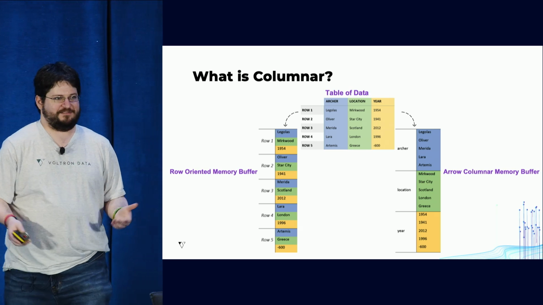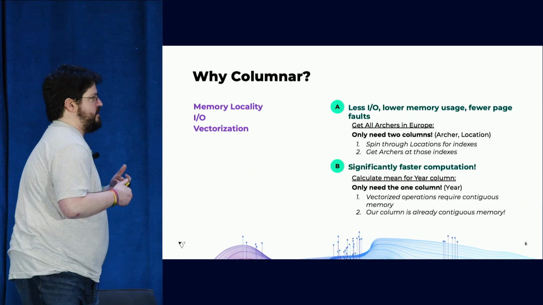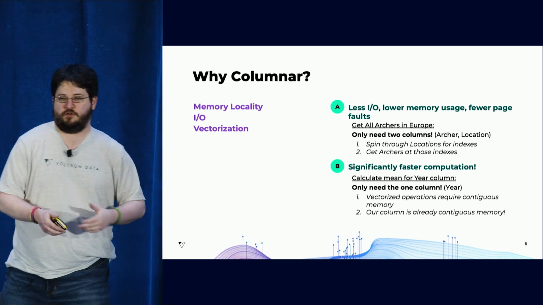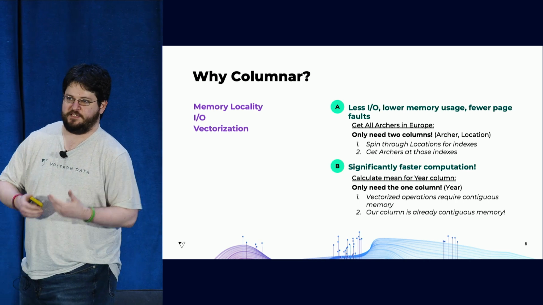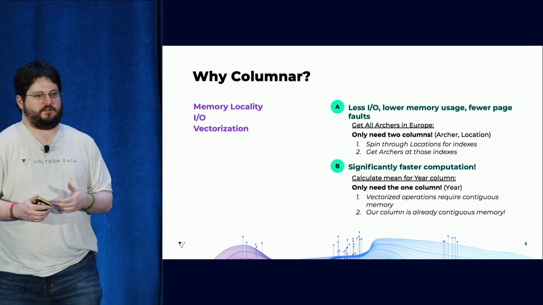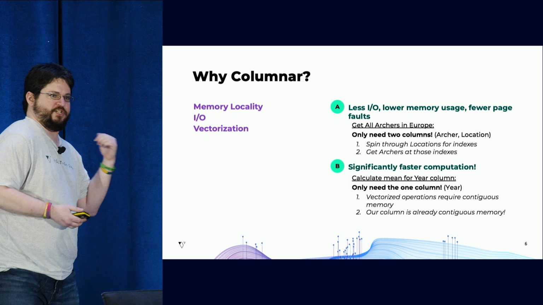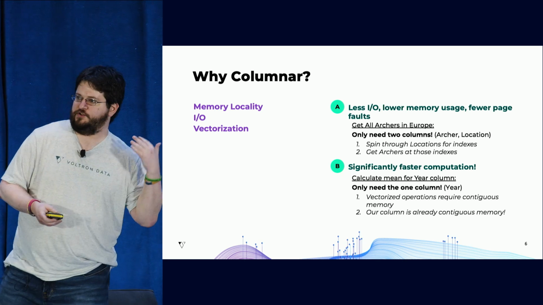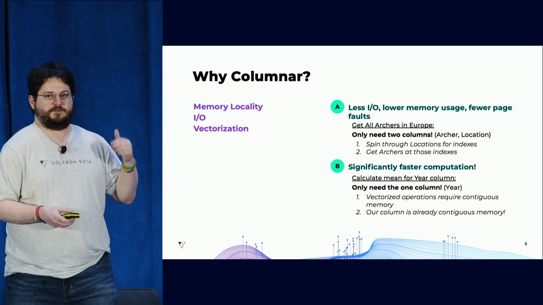Why does that matter? Well, when you're performing analytical workflows or any kind of interactions and decisions there's a lot of benefits you can get by having that data grouped together. So using the example I just gave you, with the archers and the locations, and I hope you got some of the jokes that were on there.